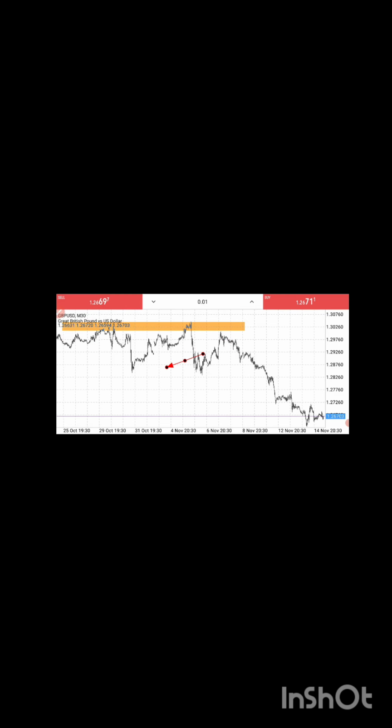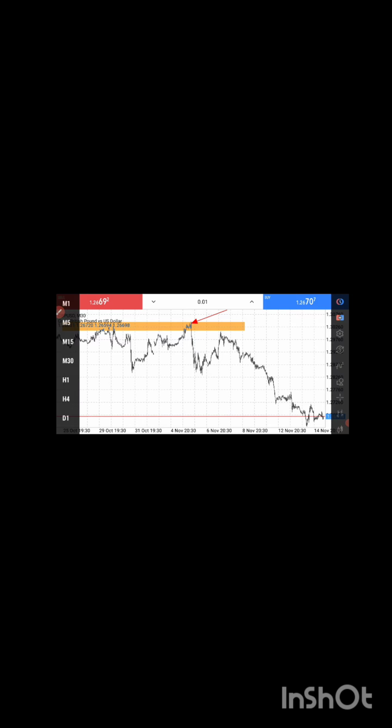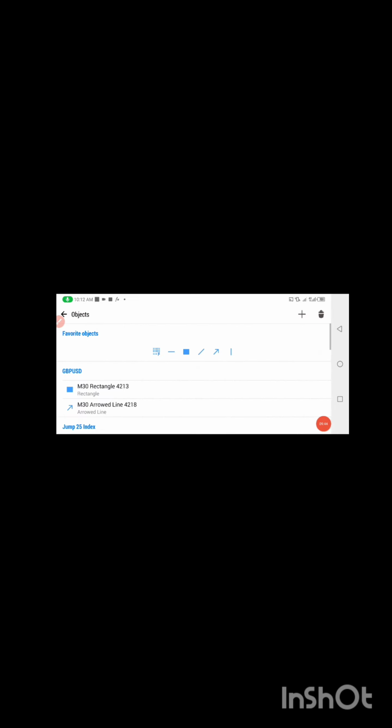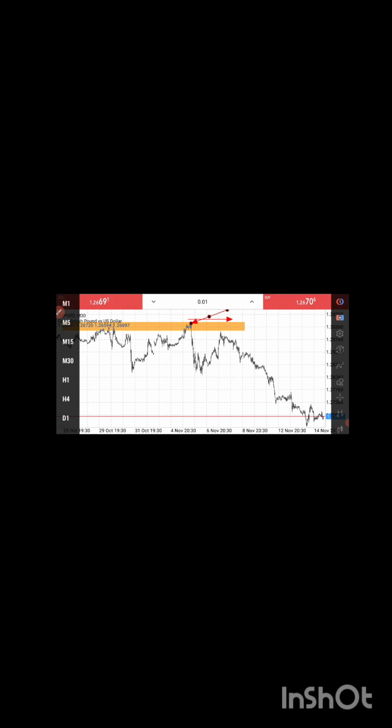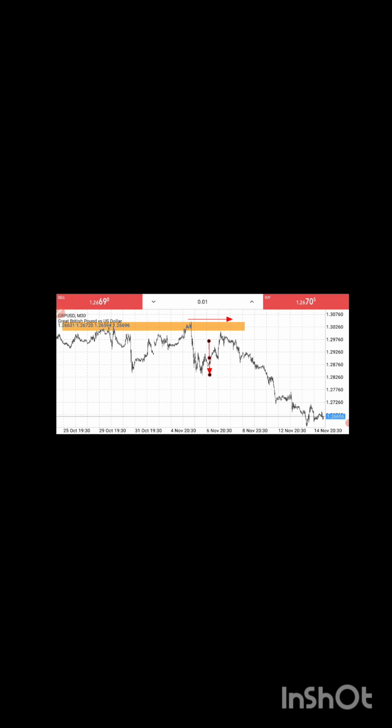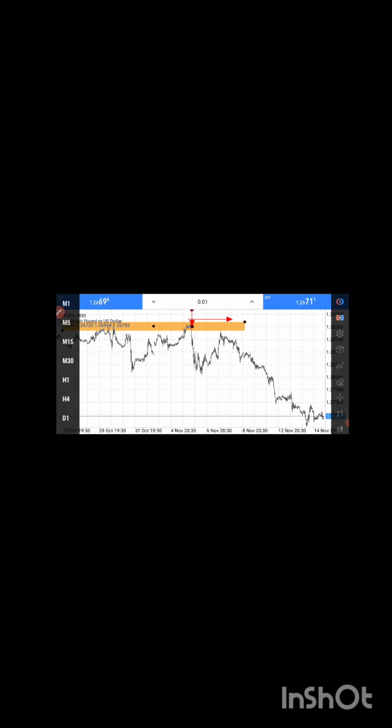We put a sell here, and then we place our SL somewhere above here. The SL is pointing to the right, meaning that our market flows from left to there, right? That's why I point the arrow to the right, and then our entry is pointing downwards because we are selling, right?